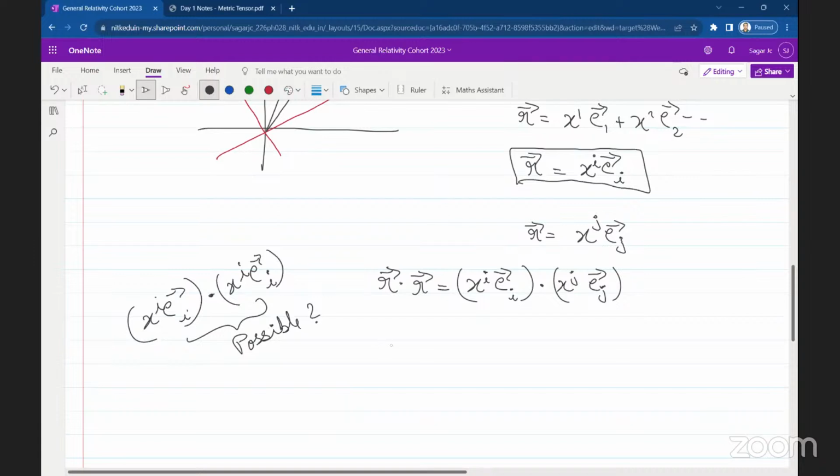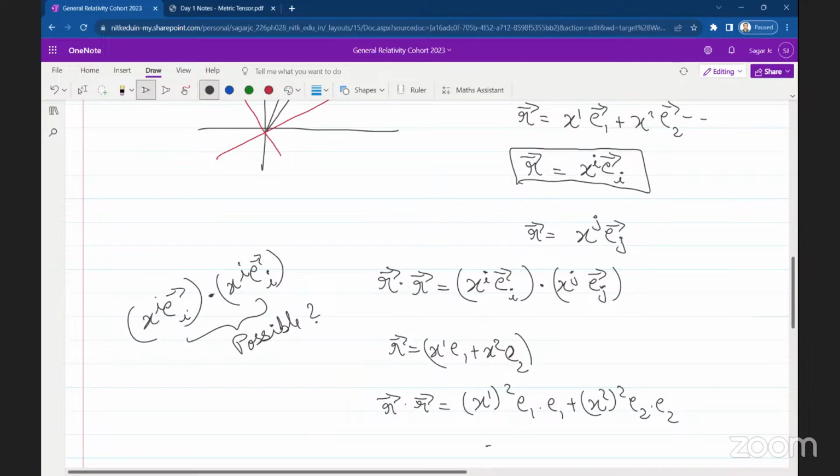Yeah. So basically, if we write r vector as x1 e1 plus x2 e2, just for simplicity keeping two components, and I want r vector dot r vector, I just write this 2 times and distribute. There I'll get x1 square e1 dot e1 plus x2 square e2 dot e2.